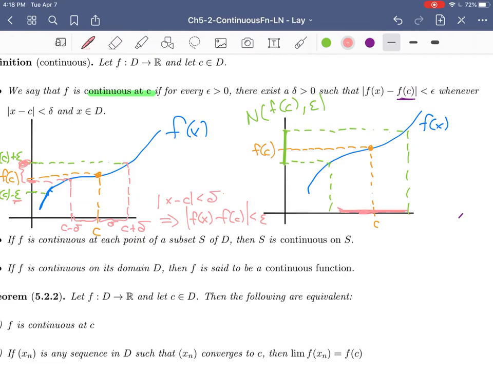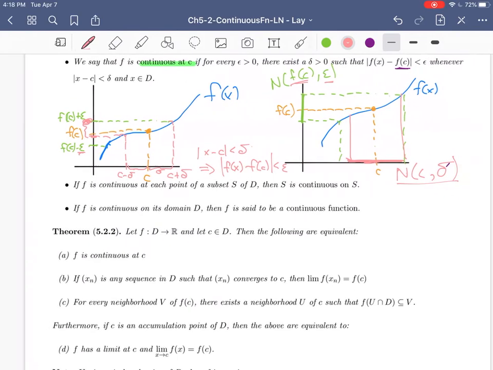So that pink stuff, we can imagine that's a delta neighborhood of c. So whenever we're in this delta neighborhood of c, that's going to ensure that the outputs are going to live in this epsilon neighborhood of f of c.